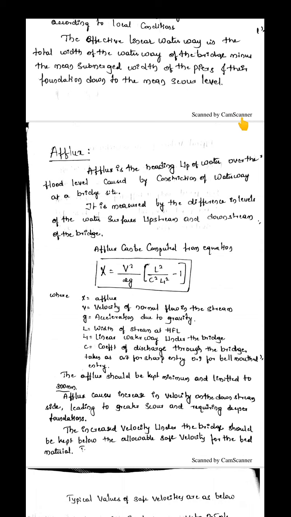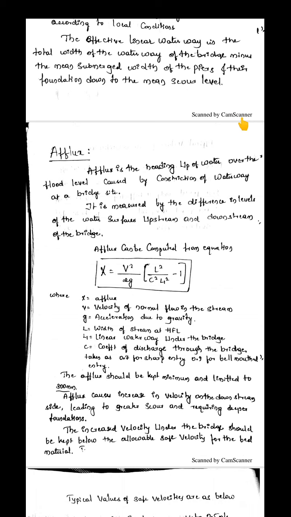So when you look at this formula, afflux is directly proportional to the square of the velocity.